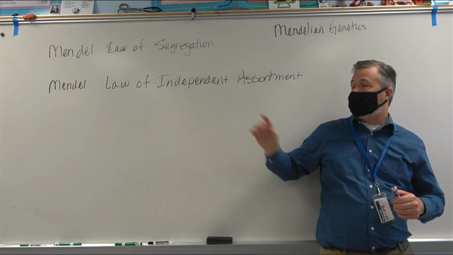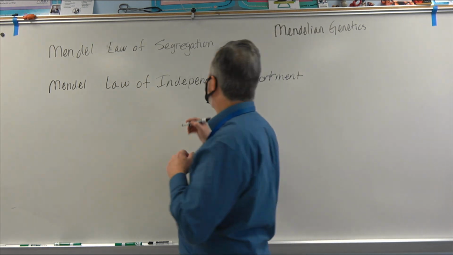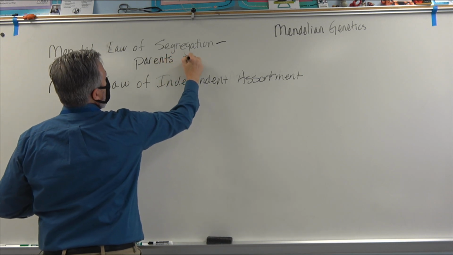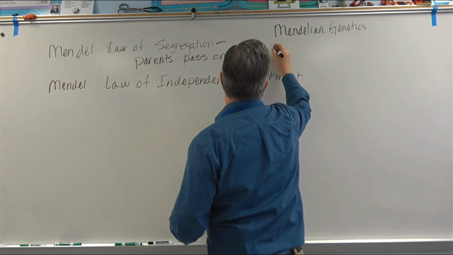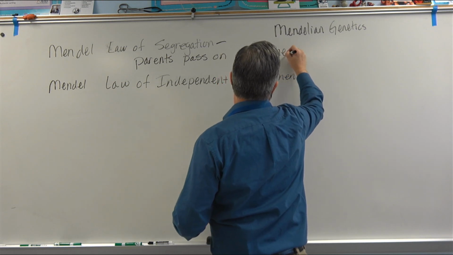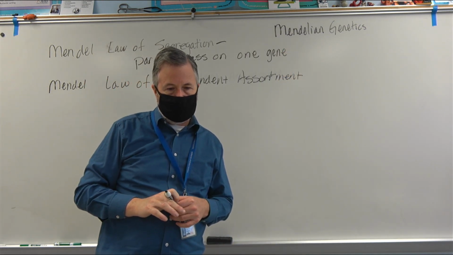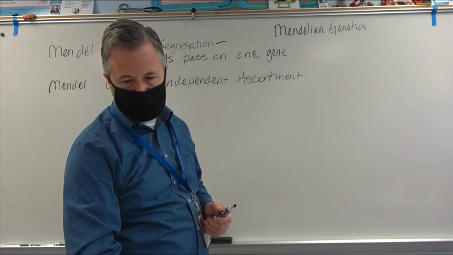So these two. The law of segregation basically says that parents pass on one gene. Remember, everything is paired, right? Parents pass on one gene. That's pretty much it. There's a little more to it than that.